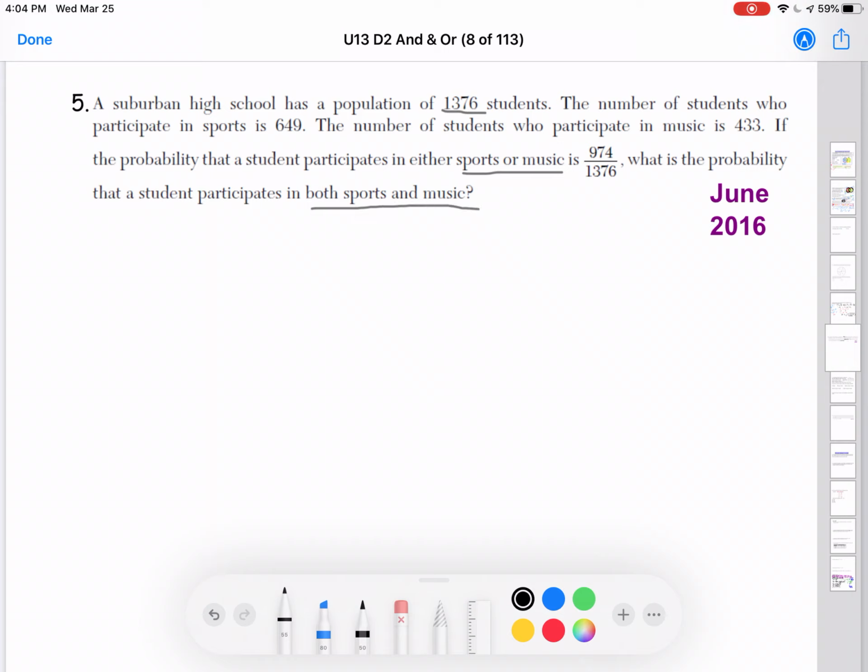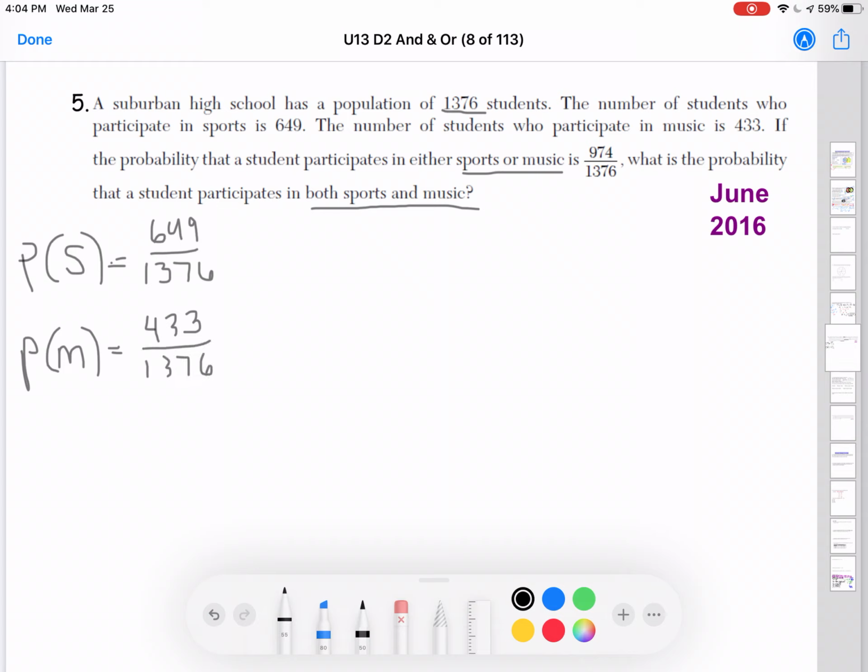So that's my and. All right, so let's take whatever information we have out on the side. So the probability of sports is going to be 649 over 1376. The probability somebody participates in music is 433 over 1376.